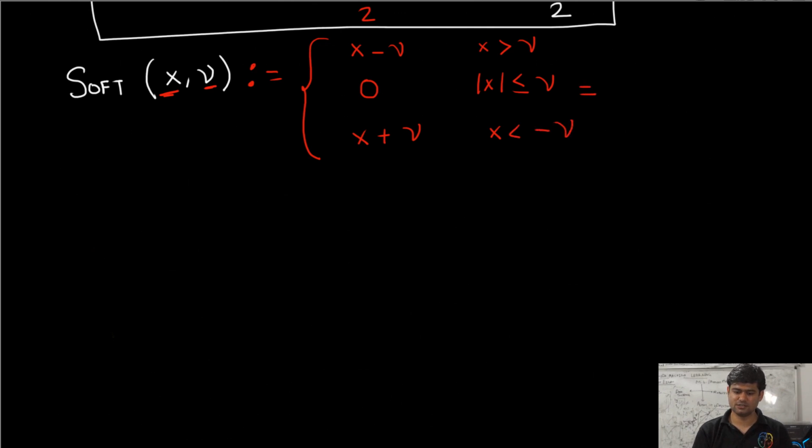We can also write this more compactly as sine of x times max of 0 comma absolute value of x minus nu.